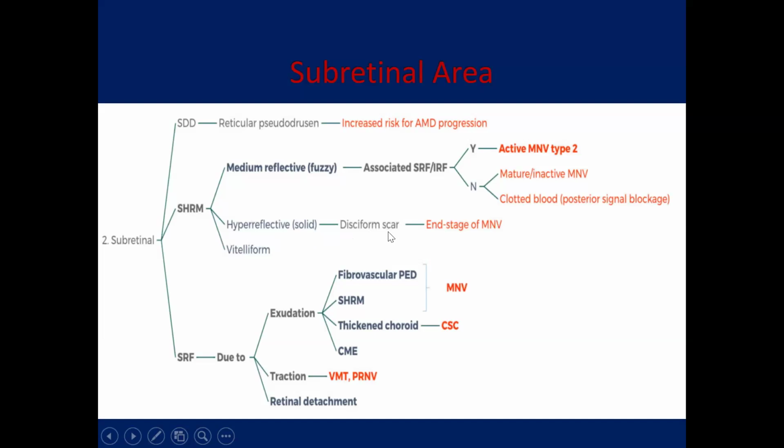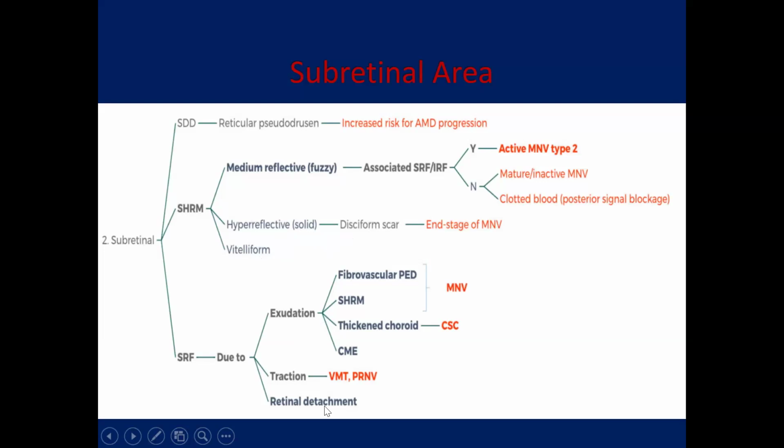So in this case, a scar from end-stage AMD, or sometimes vitelliform dystrophy, can give such hyperreflective subretinal material, or subretinal fluid can be found here in the subretinal space. This can be from exudation, or from traction effect, or from retinal detachment.